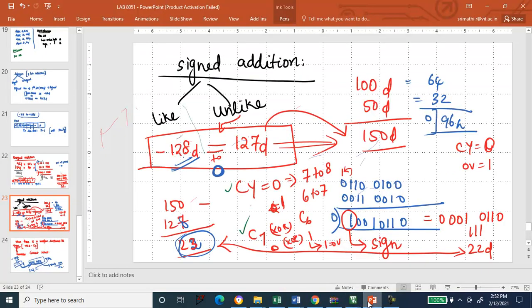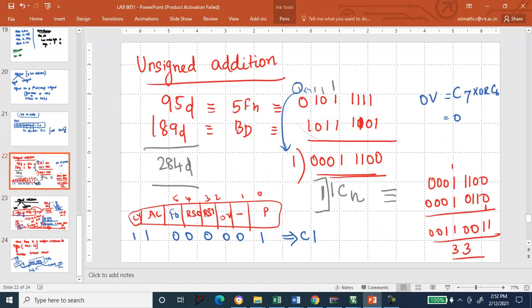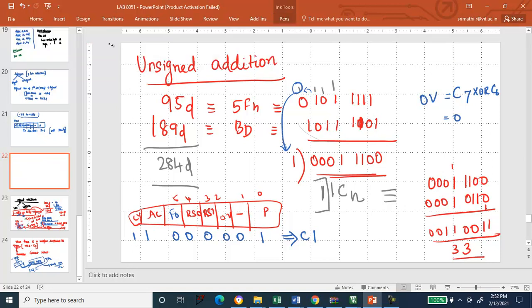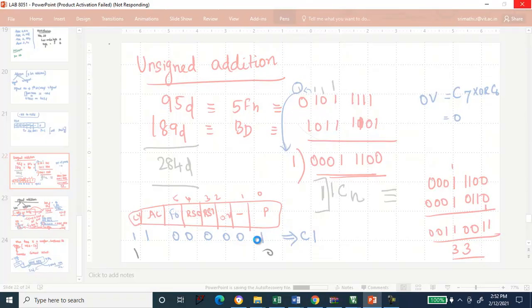So let me check. I'll use a different color, black. Is there an auxiliary carry? There is no parity. But there is an overflow.